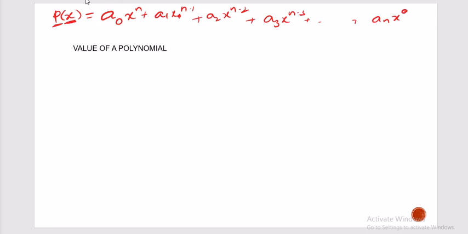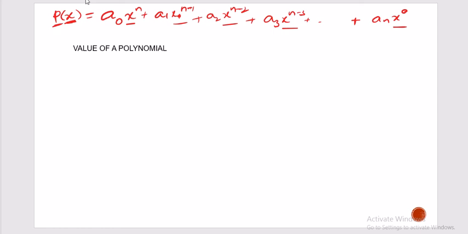If you consider this, what is happening? Here x power n minus 1, x power n minus 2, x power n minus 3 and so on, up to x power 0. The variable power is being reduced term after term, right? It starts from n and ends at 0.